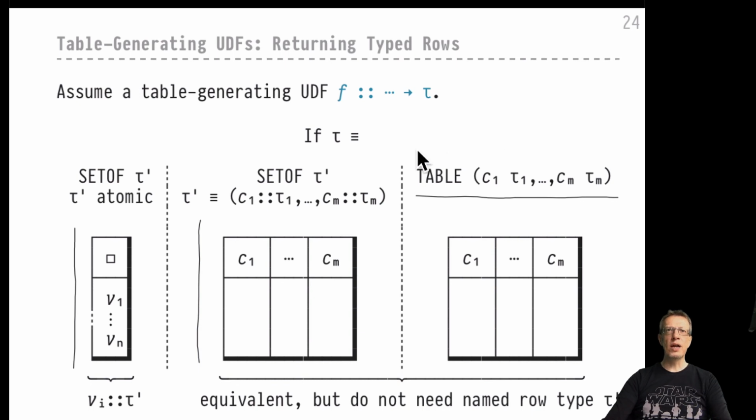I think I like this particular syntax best. If you already have predefined row types tau prime, then this is the way to go. But if you really need to specify a one-off return type for your table generating function, I think this would be the most intuitive and the nicest and most elegant syntax. F returns a table of m columns, and the m columns will have types tau1 to tau m.